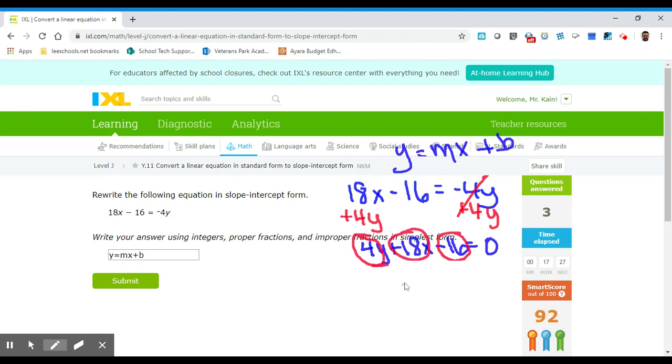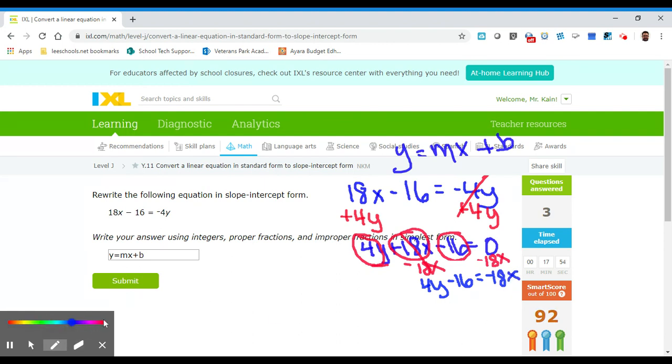If it's positive 18x, I'm going to do minus 18x on this side and minus 18x on that side. It's going to cancel that out. It's going to leave me with a 4y and a minus 16 on the left, and now my minus 18x is on the right-hand side of the equation.